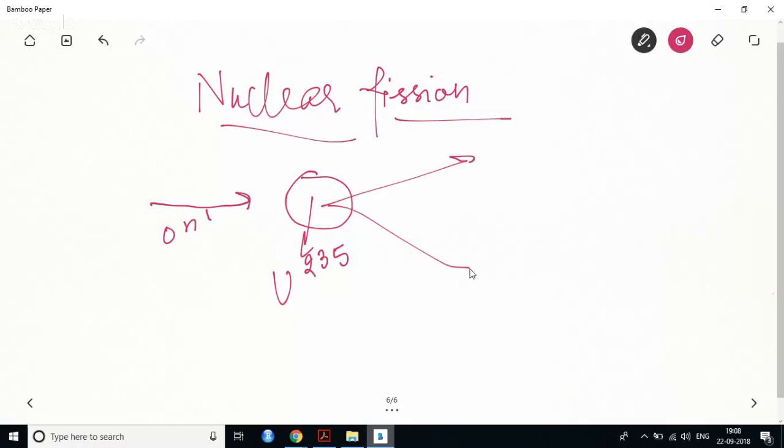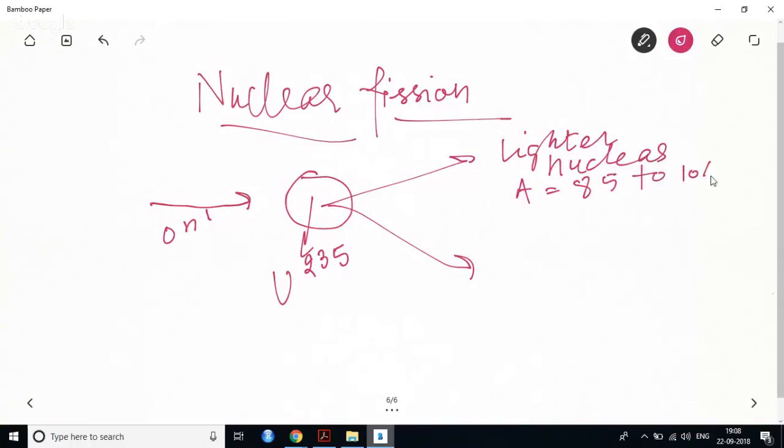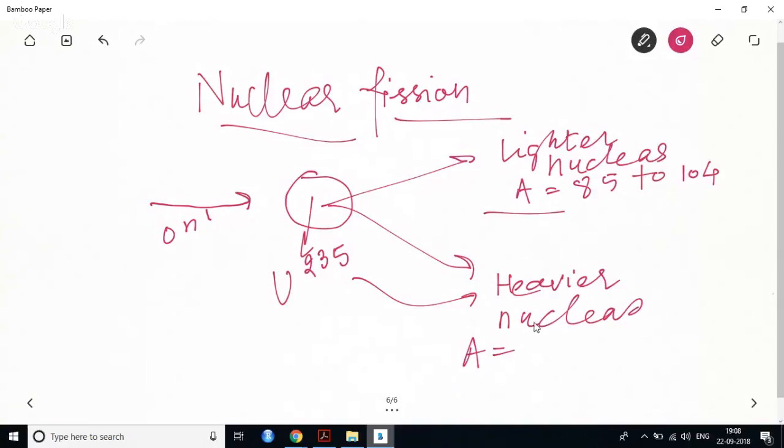Now this particular uranium atom will get disintegrated into a lighter nucleus, where A would be anywhere from 85 to 104, and a heavier nucleus as compared to this, but lighter than uranium, where A is equal to 132 to 149.